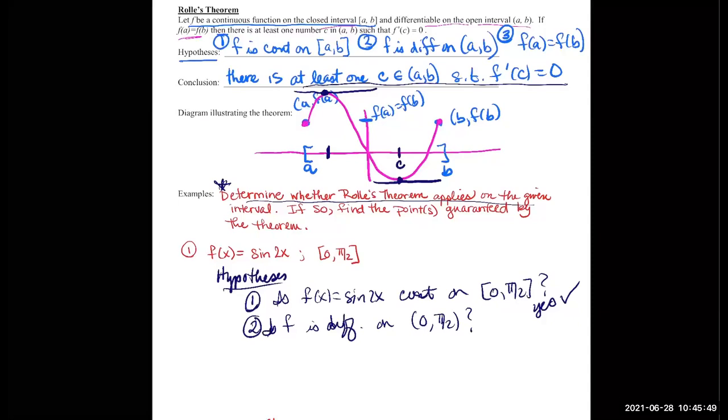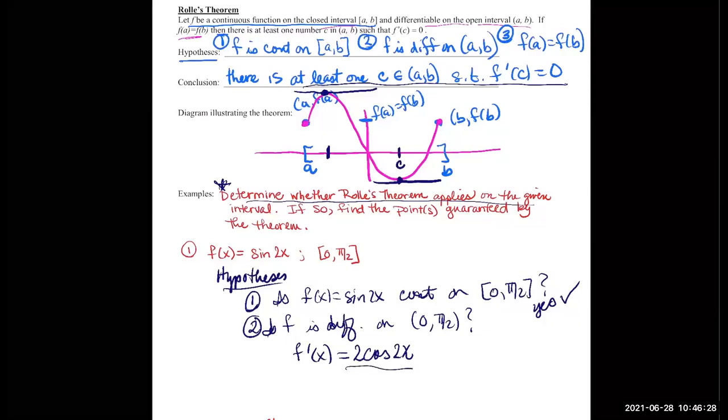That's the question. And so to answer that question, we need to find the derivative. When I take the derivative of sine 2x, what rule do we have to use? Yeah, that's the chain rule. So we take the derivative of the outside function times the derivative of the inside function. And to be differentiable means that that derivative is defined everywhere on that interval.